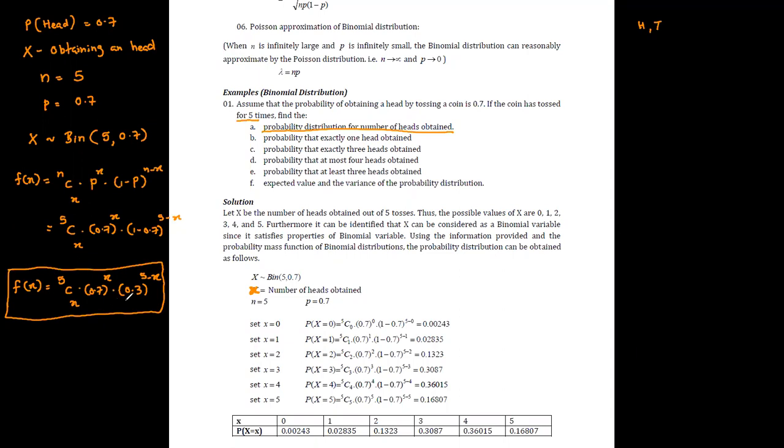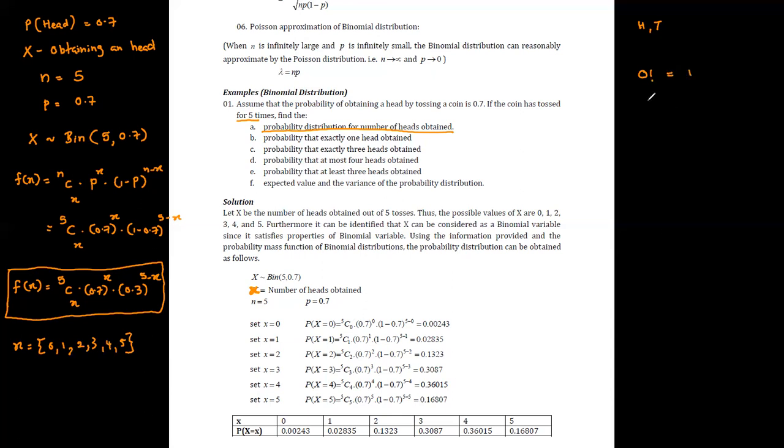Now we have identified that the possible values of x are 0, 1, 2, 3, 4 and 5, the number of possible heads obtained. For each situation you have to obtain the probability value, and the calculation is shown here. If I briefly explain 5C, there are concepts we need to know by ourselves.